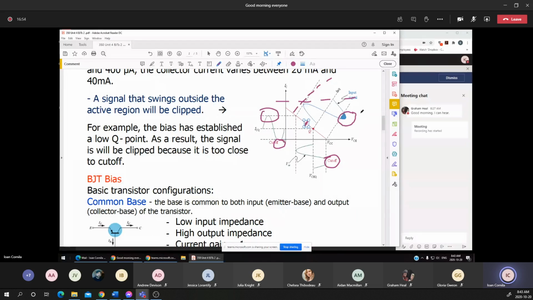The limitations will be in the input signal or the base voltage or the base current that can be applied to the transistor in order to have a similar waveform or a replica of the input signal without having a distortion.